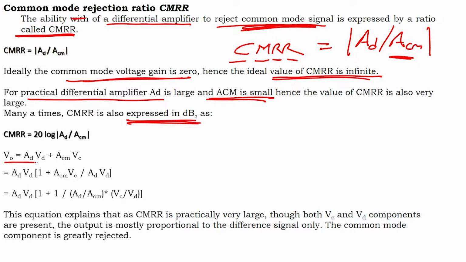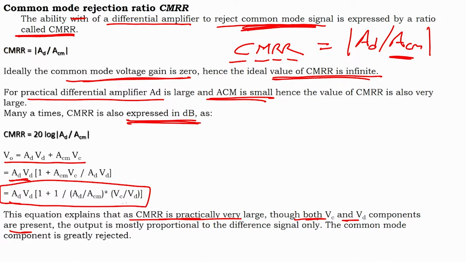So, now if VO equals ADVD plus ACM VCM, if I keep ADVD common, then finally I will get an equation similar to this. So, this equation explains that CMRR is practically very large, though both VC and VD components are present. You can see VD and VC are present, still the CMRR is very large. The output is mostly proportional to the differential signal only, and the common mode component is greatly rejected.